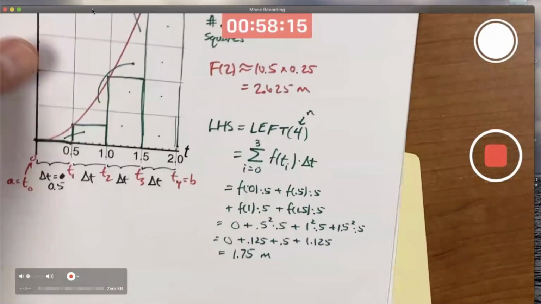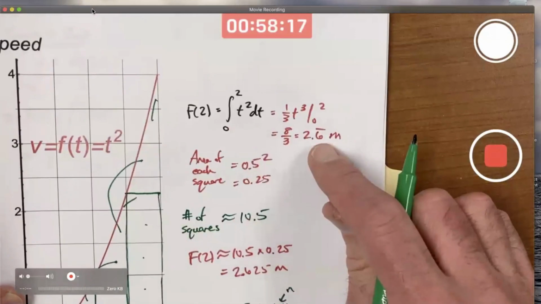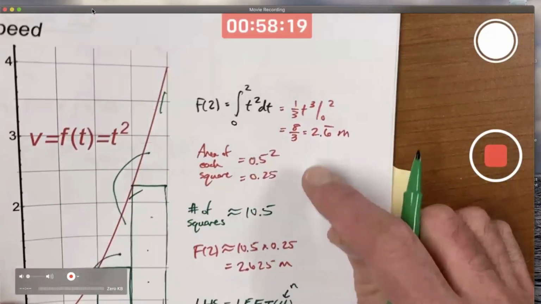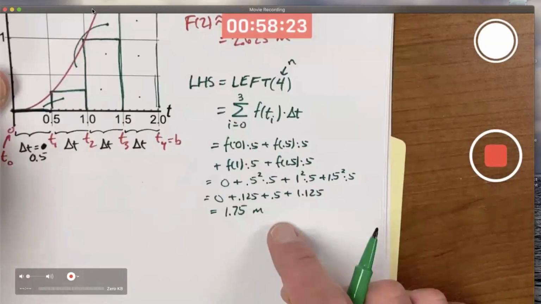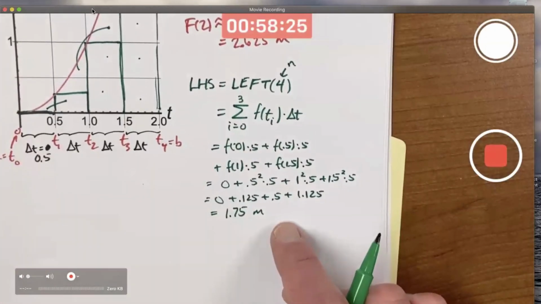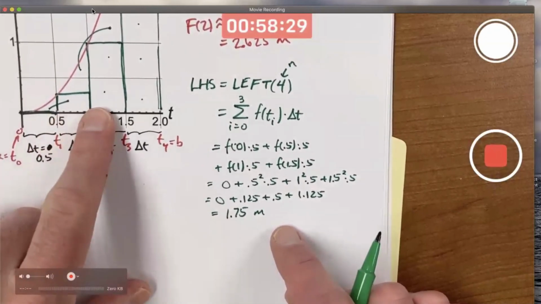Remember, the exact distance traveled was 2.6 repeating. Our box approximation was about 2.6. The left-hand sum approximation is worse. But if we use more rectangles, we could make it better. If n was bigger than 4, it would be better.